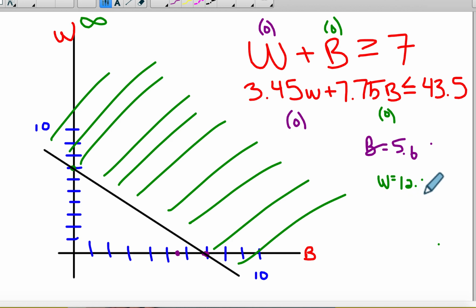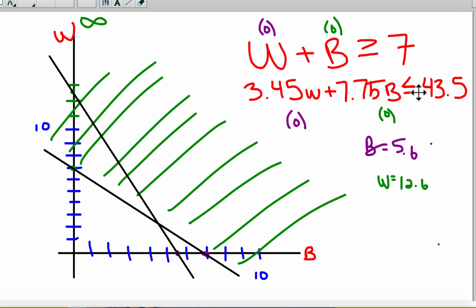That's my y-intercept for the new line. This was 10, so we go up 11, 12, 13. So 12.6 is like right there. And then I can connect these two points. I'm going to have to move that over a little bit, but I can connect them just like that.